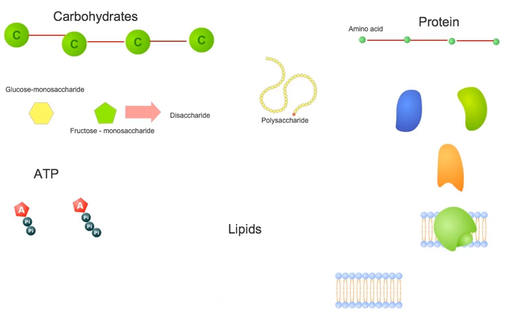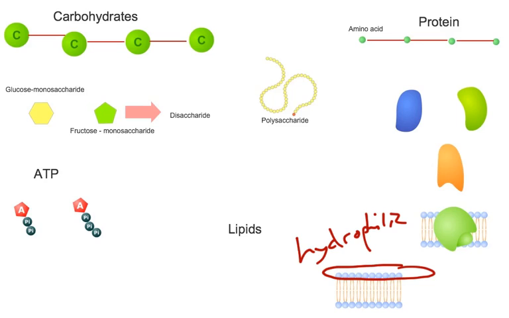So if I clear the ink here, the top parts of the phospholipids are hydrophilic, and the middle part in here is hydrophobic. That's very important because it gives our cell membrane unique properties that allow us to control the substances that come in and out. So that's very important for our body.